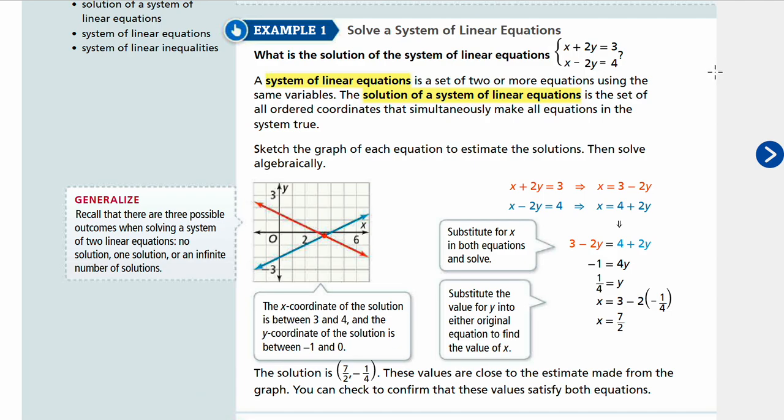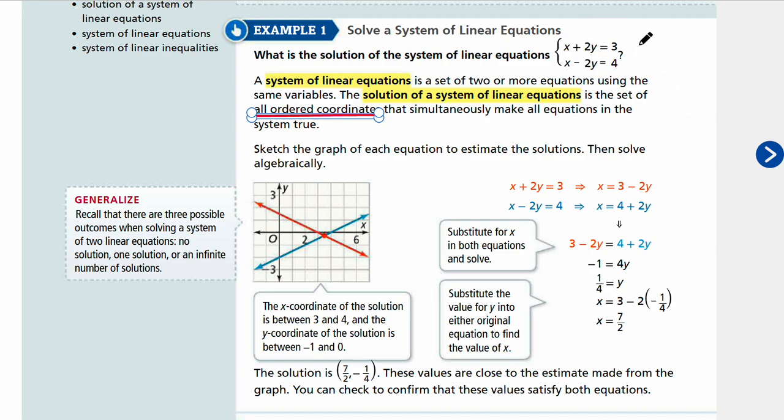So the solution of the system of linear equations is the set of all ordered pairs. It doesn't have to be one, but it's all points that simultaneously make all equations in the system true. So algebraically, you want to figure out what x and y would be when the x values and y values are equal to each other, right?